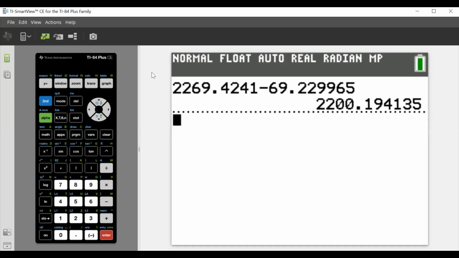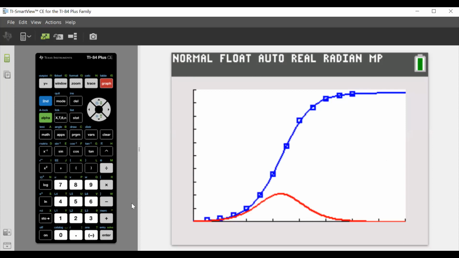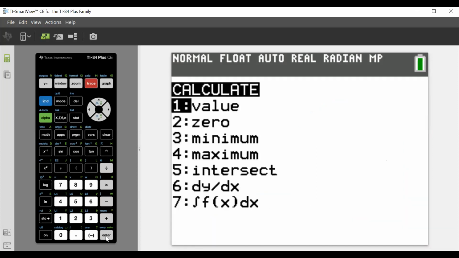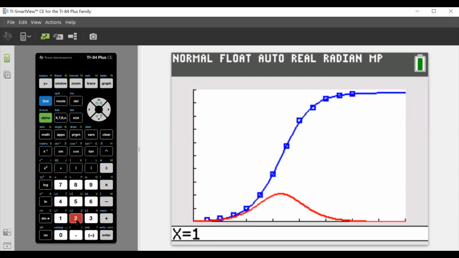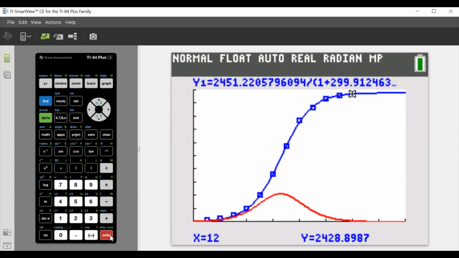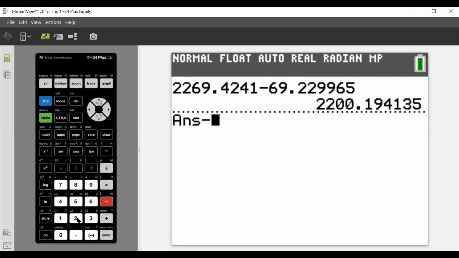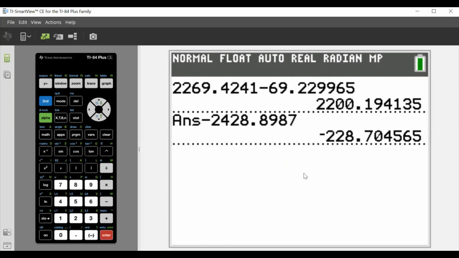So now what we need to do is find out how many people there are for the whole 12 months. So our whole 12 months is going to be a value. We want x equal to 12, and we get 2428.8987. And now we're going to subtract those. If we subtract off 2428.8987, we're going to get 228.705 as far as visitors.